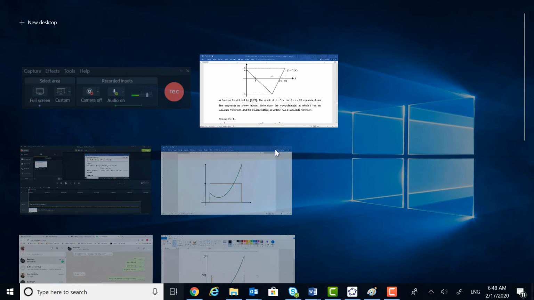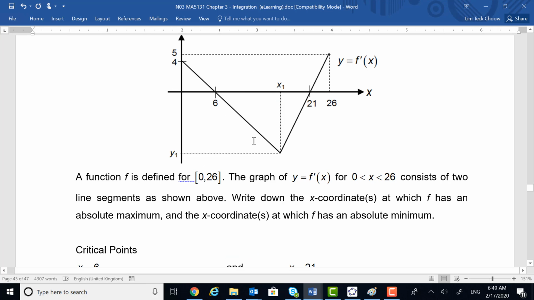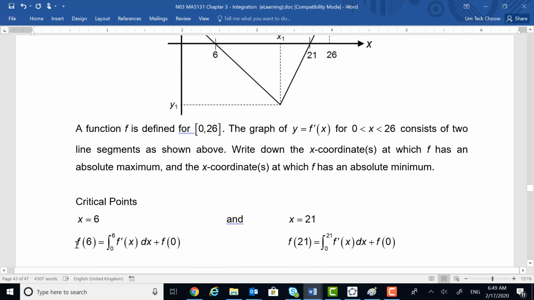So based on this, you can see that this number will be the biggest, because it is the integration from 0 to 6 that gives a small positive value plus f(0). If you integrate from 0 to 21, this positive value added to a big negative number will become quite a big negative number. So f(21) will be f(0) and some negative number, and as compared to this, this number is actually bigger.